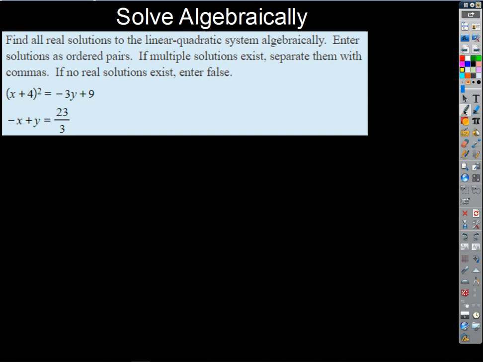So we're going to end up getting then, and let's maybe rearrange these a little bit. So we'll switch sides. So this goes to the right side and that goes to the left side, just so they match up better, right? So we get our top equation. So what about the bottom one?